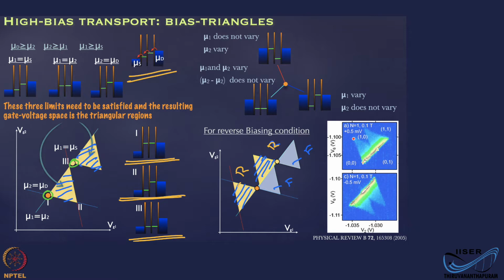And this diagram represents the relative orientation of this triangle. You will have a triangle facing upwards for one bias, and if you reverse the bias, you will get this triangle facing downwards. And this is what you would find when you apply bias through a tunnel coupled double quantum dot system.